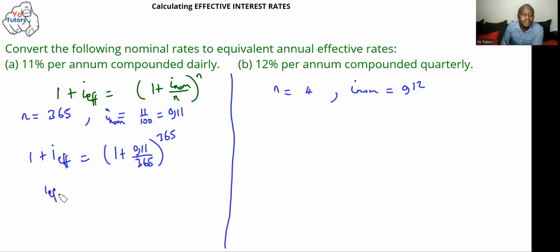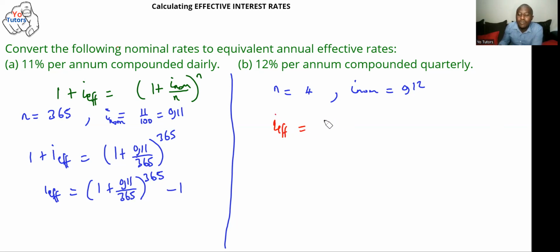I effective is going to be our answer there minus 1. So it's going to be 1 plus 0.11 over 365, to the power of 365, minus 1. Now, what about this side here? What are we going to have? It's going to be I effective.